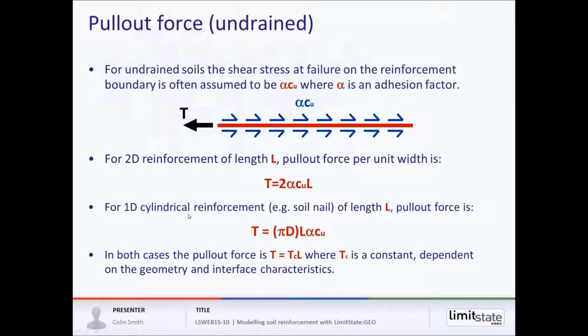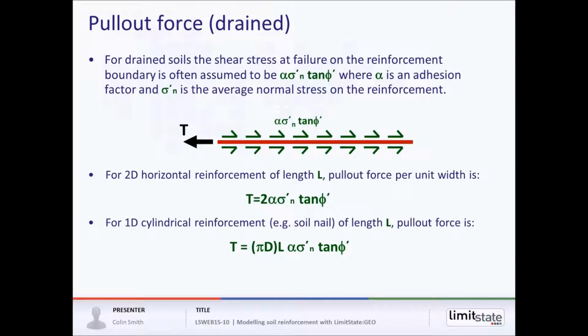If we're looking at one-dimensional reinforcement, then we just need to work out the circumference or the surface area of that reinforcement. So typically, for a soil nail of diameter D, we'd have pi D for the circumference, again multiplied by the length, alpha, and Cu. And we can see that in both cases, this boils down to some constant Tc multiplied by the length. And Tc is a number that we actually would enter into the software. We'll come to that a little bit later.